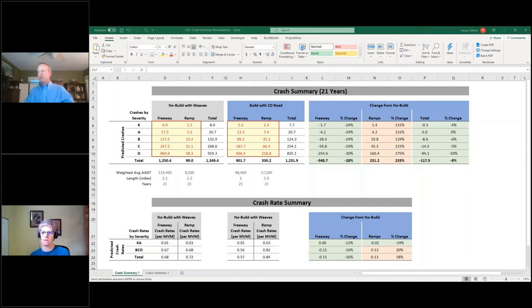Crashes go down as a system. Another way to look at some of the same findings is better freeway operations at the expense of more PDO ramp crashes. So that's getting to the trade-offs that we have to consider.